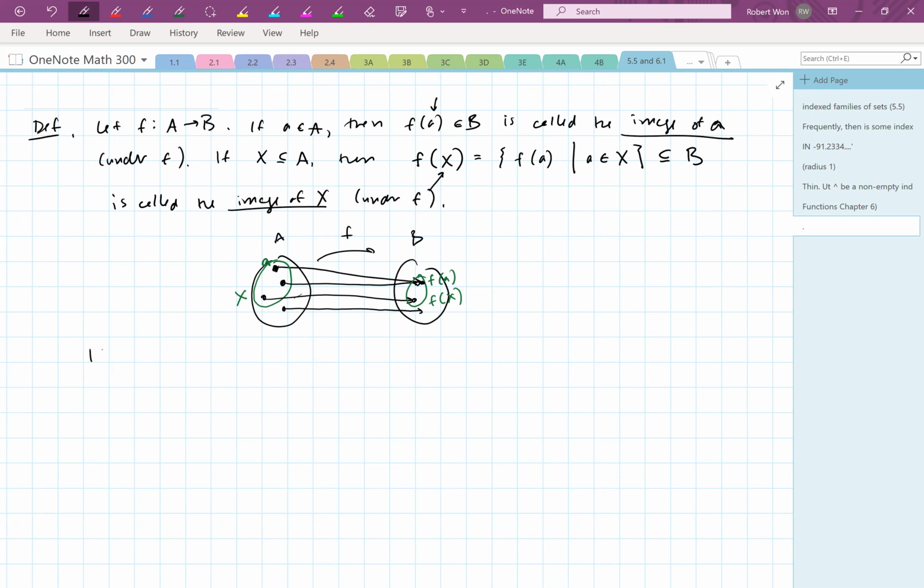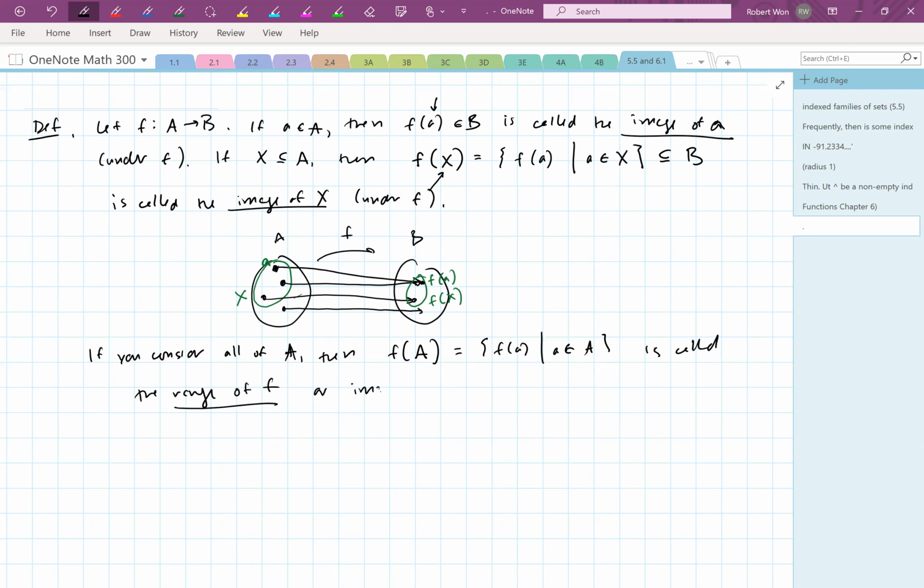Now if you consider all of A, then you take this set f of A, the image of the entire set A, that is to say all f of a over every a in A. This is called the range of f, or sometimes just the image of f, the image of your entire function.